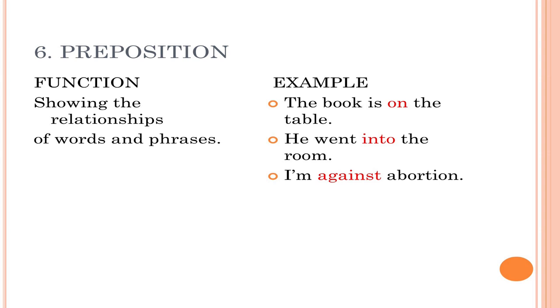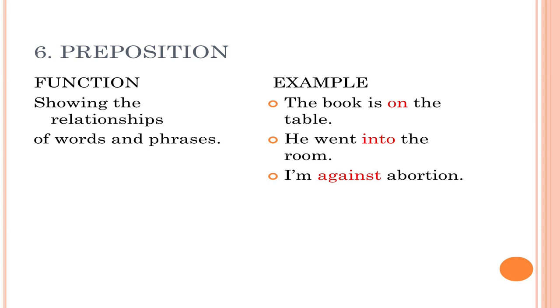Three. I am against abortion. Here, against is a preposition as well and shows relationship between the personal pronoun I and the noun abortion.